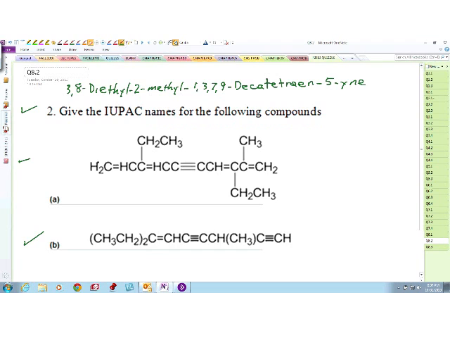That will make it easy for you. So let us rewrite this. You have 2 ethyl groups attached to this carbon. So I will start with this. The other ethyl group is here.